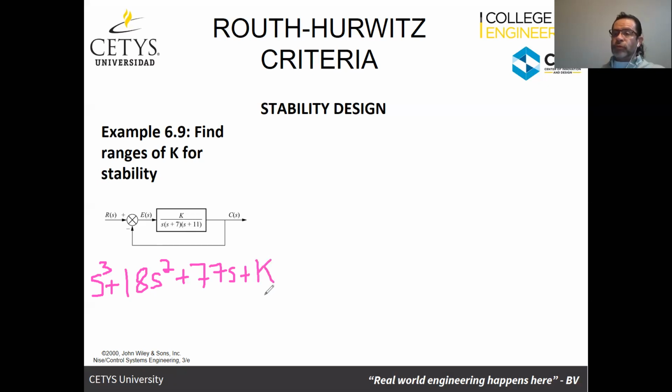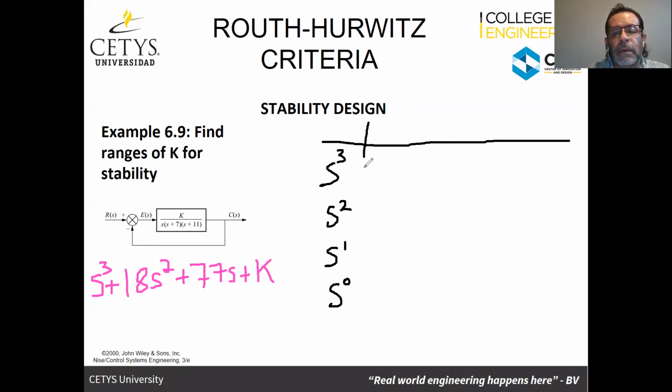And so we're going to do the Routh tabulation for that. So we're going to have s to the 3, s to the 2, s to the 1, and s to the 0. And we're going to grab the values from this equation. 1 and 77 are going to be the values associated to the first row.